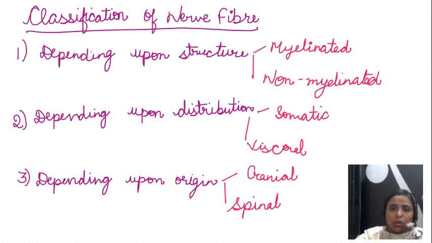Now let's see one by one how it is, and why they are grouped under these categories, right? Now the first one, see here, wait, let me take the new pen. Depending upon the structure, it will be divided into myelinated and non-myelinated.